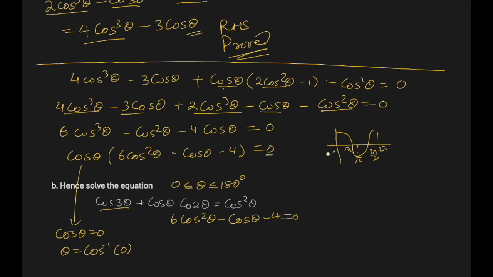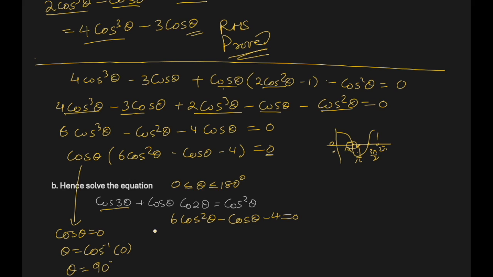Or in degrees, it is 0, 90, 180, 270, and 360. So between 0 and 180, there's only one place where it is 0. So cos inverse 0 gives us 90 degrees, because they are asking in degrees, so we'll write in degrees.